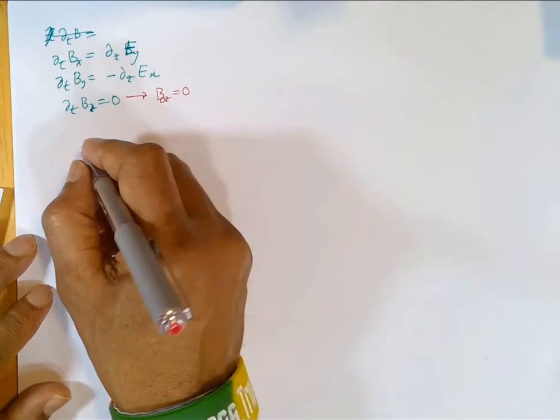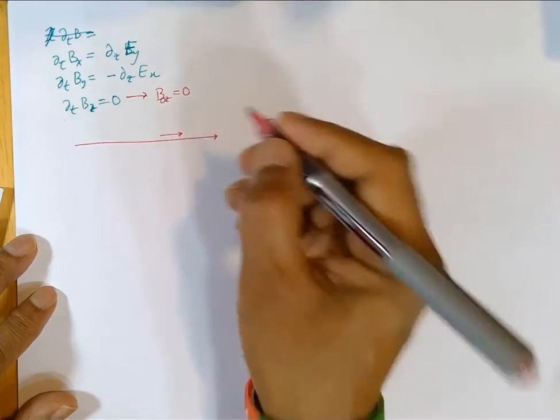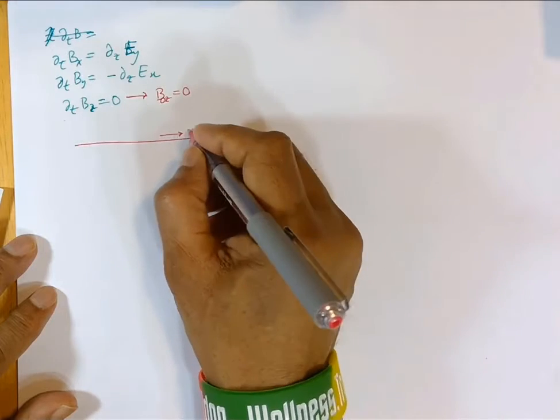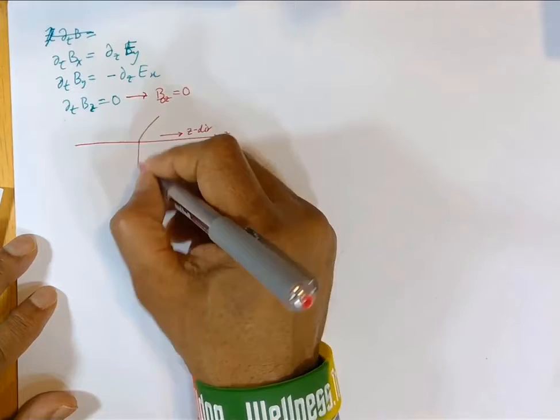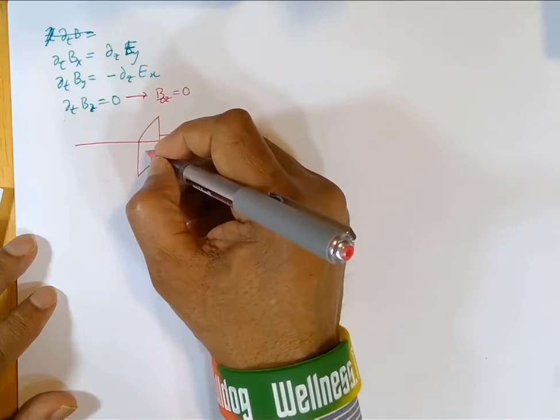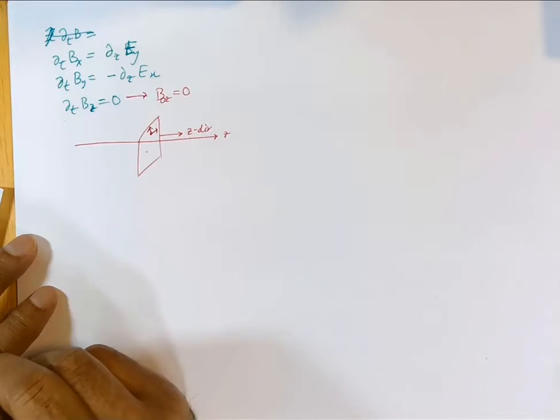So we find that if my electric field waves were going along the z direction, we proved that electric field can only have x and y components.